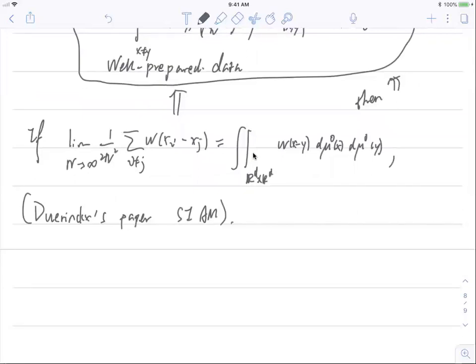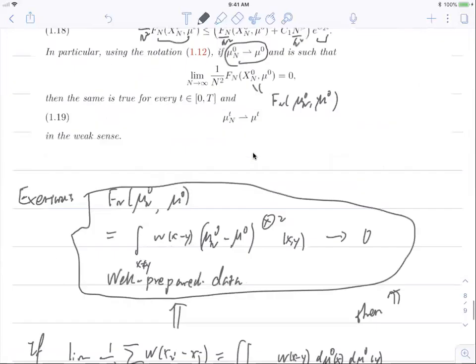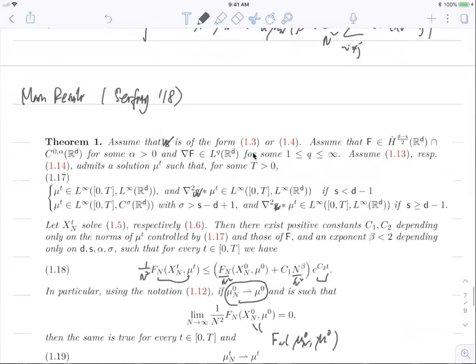Okay, so that's the idea. That's the main result for the first order system, dissipative or conservative.